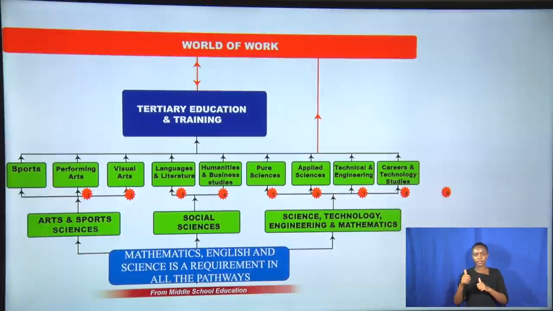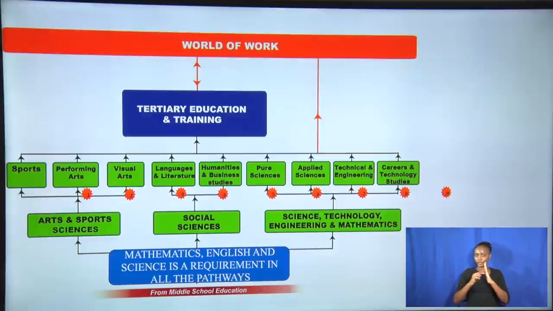Some will go to performing arts, and there will be elocution here. Then the visual arts there. Then for the social sciences, we have 2 tracks: language and literature, and humanities and business studies.